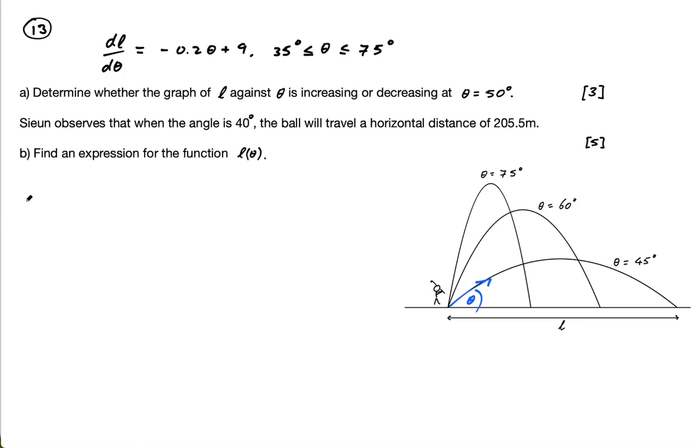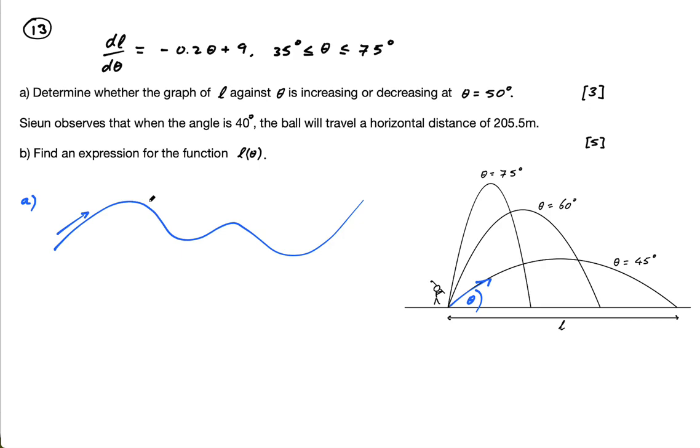Okay, part A. Determine whether the graph of L against theta is increasing or decreasing at theta equals 50. So one of the things we definitely need to understand is that when a graph is increasing, the derivative is positive, because the gradient is positive.